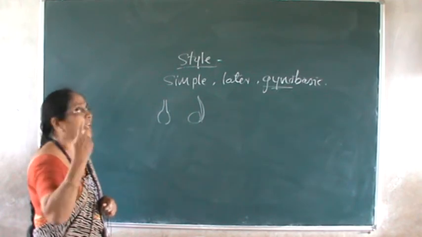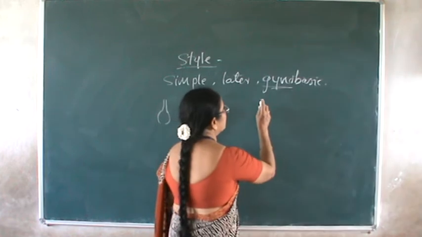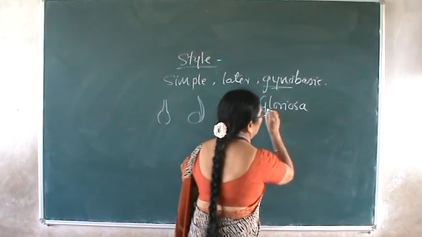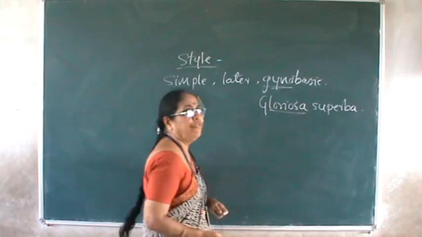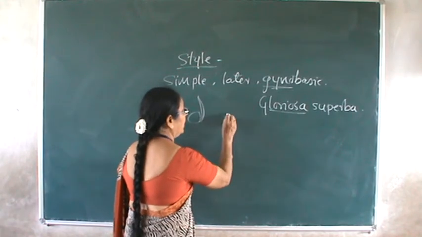One specific thing was missing in that video. It is regarding the style of the Gloriosa flower. Gloriosa superba is one of the members which belong to family Liliaceae, in which we find a very different kind of ovary and style.